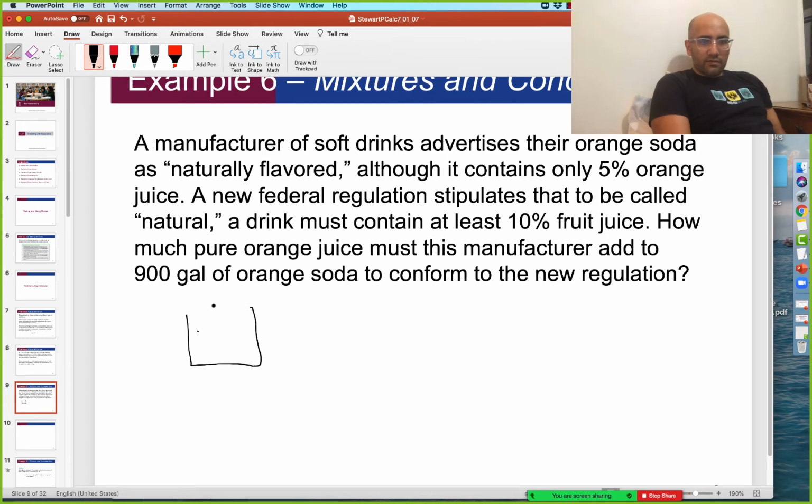I'm just kind of picturing it as like a glass. Wow, it's an ugly drawing. Okay, so this is the original mixture. And then to it, I'm going to add some new amount here, whatever this is. I'm going to combine those two things together. This is going to be my pure orange juice. So this is the original.